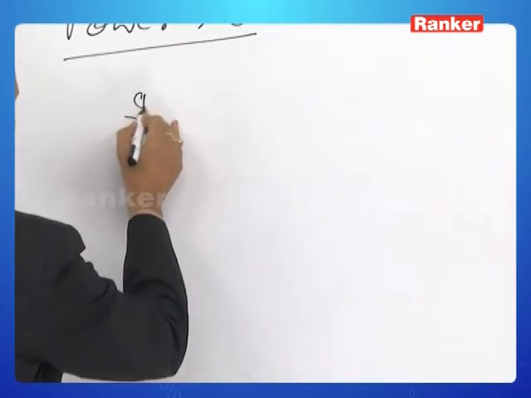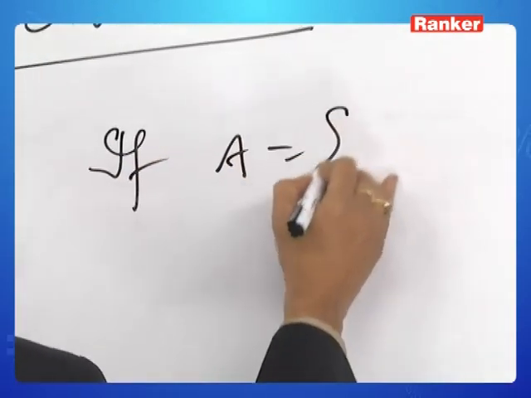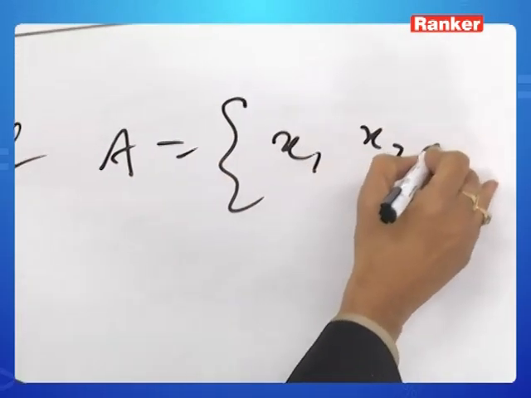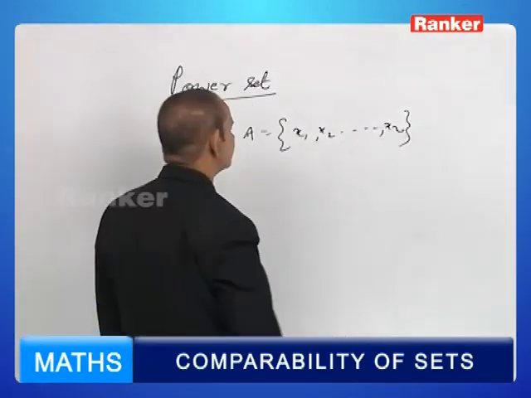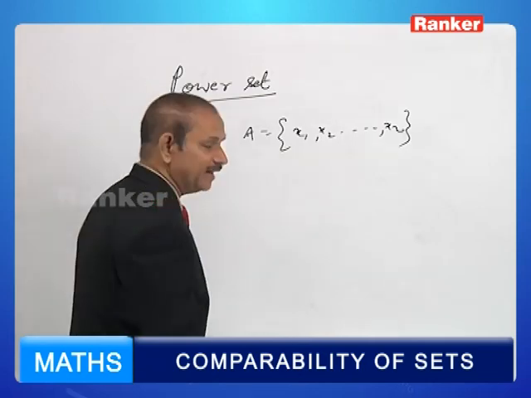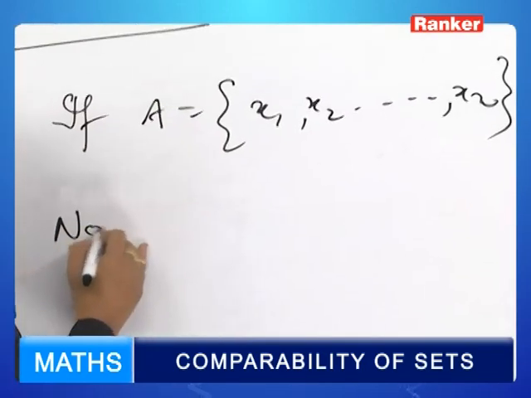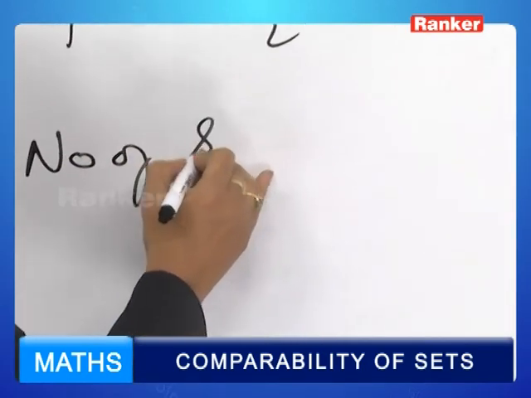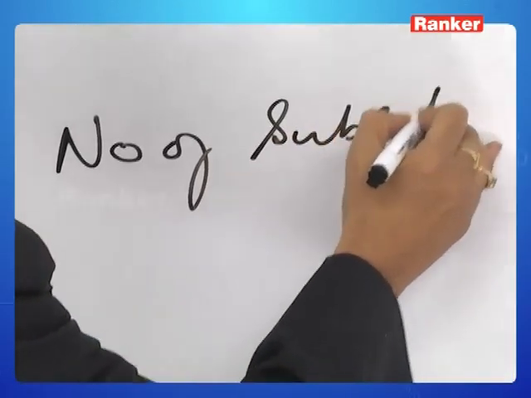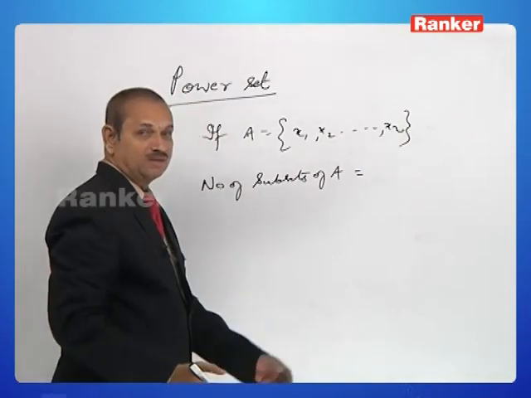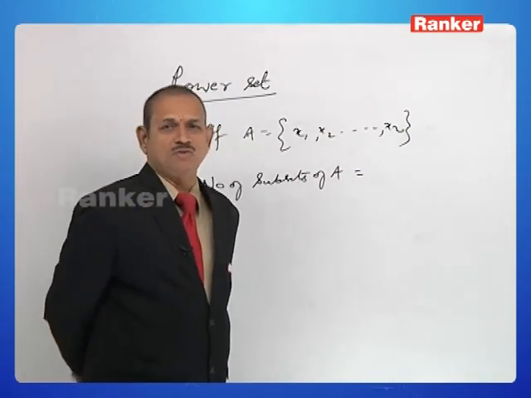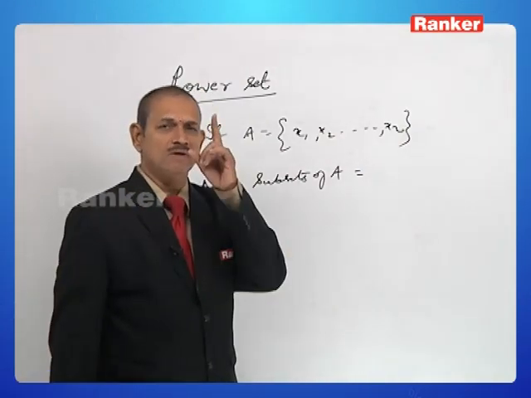If A is equal to {x1, x2, x3, ..., xn}, a set containing n distinct elements, then the number of subsets of A is, you can imagine, the number of subsets with 0 elements is only 1.